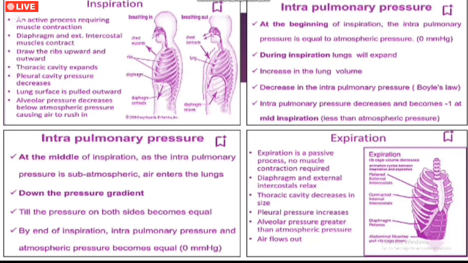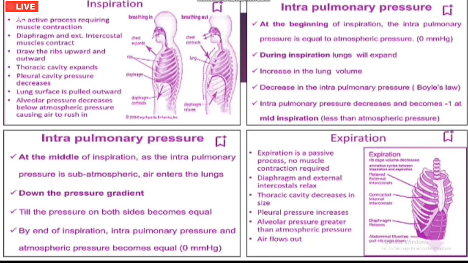So during expiration, because the lung volume decreases, that is, air is flowing out of the lungs to the environment, the intrapleural pressure, which was initially -4 millimeters of mercury, increases, moving from -4 to -3 millimeters of mercury and sometimes -2 millimeters of mercury.